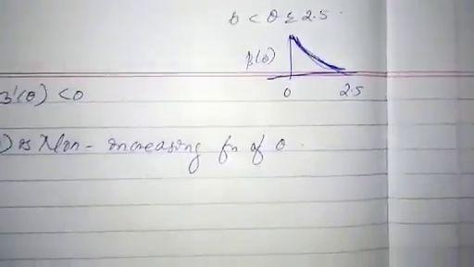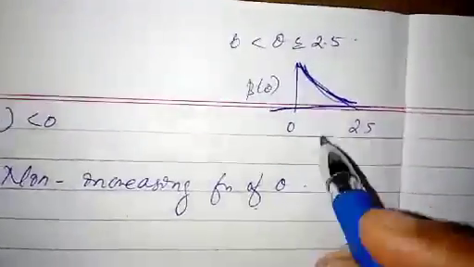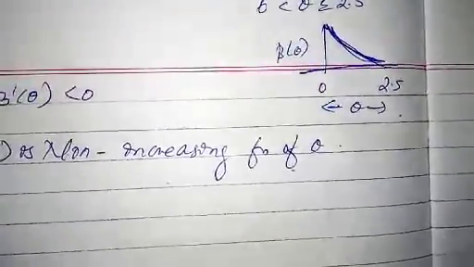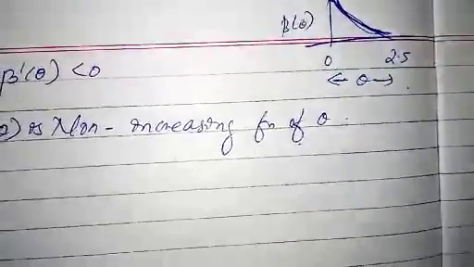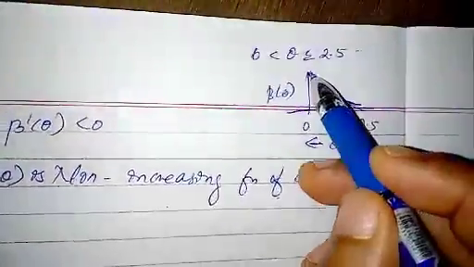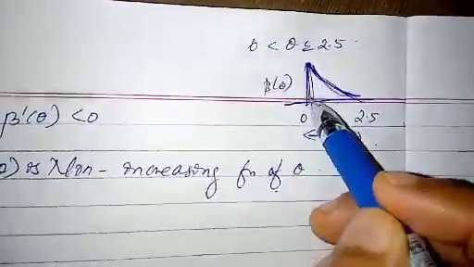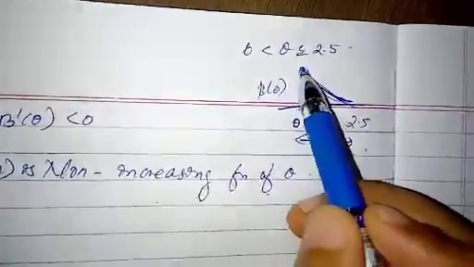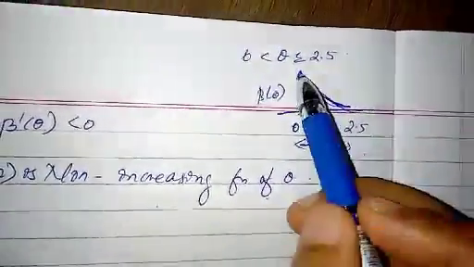Then for which value does beta of theta attain supremum? It is 0, right? For theta equal to 0, beta of theta is the supremum, the highest value.